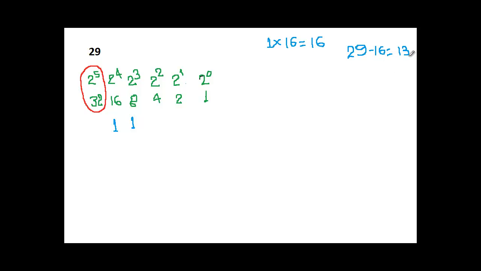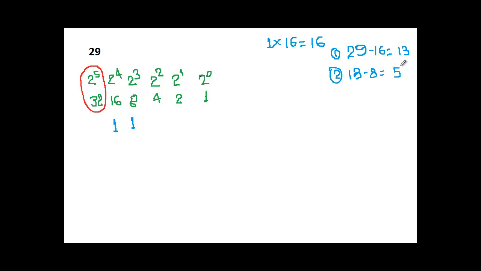I already represented 16, so 13 remained to be represented. At this step, I have to represent 13, and by placing 1 here, I represented 8. So I would subtract 8 to get what remains to be represented. I would get 5.